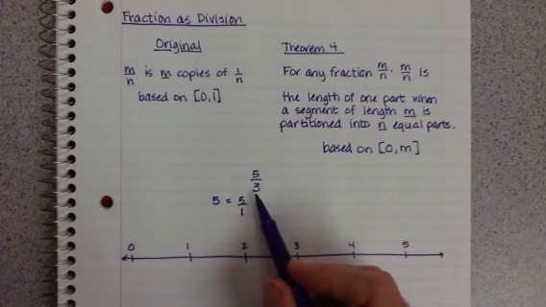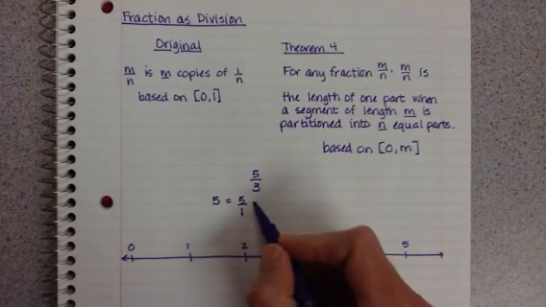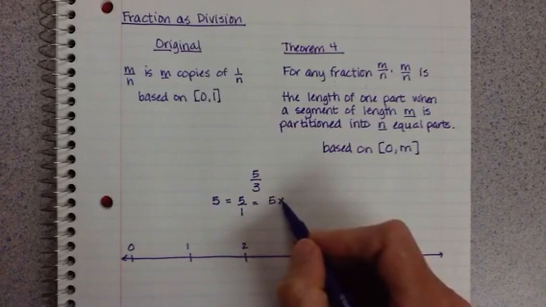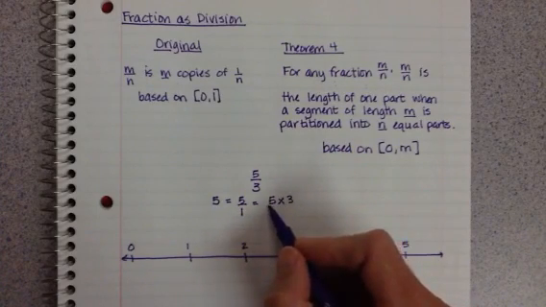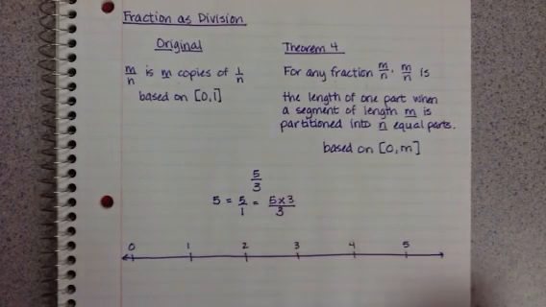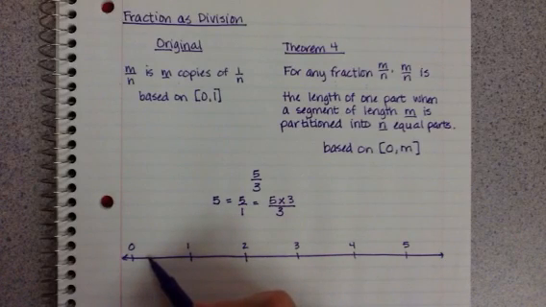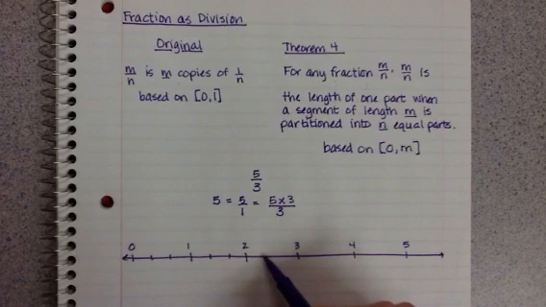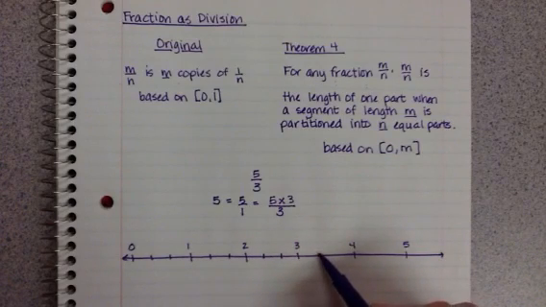Well, if we're going to split this into 3 groups, then what we're really doing is using our equivalent fractions. We're going to partition it into 3 groups. All right, so now what we have is we're going to split this up into 3s.